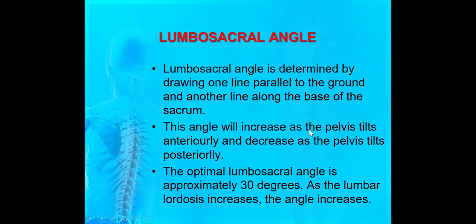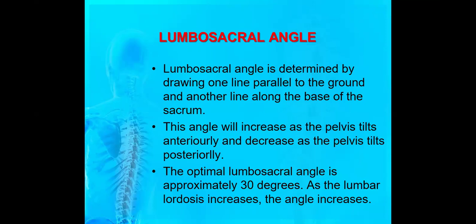This angle will increase as the pelvis tilts anteriorly and decrease as the pelvis tilts posteriorly. So there is a direct, positive relationship between the lumbosacral angle and the anterior pelvic tilt, while there is an indirect or negative relationship between the posterior pelvic tilt and the lumbosacral angle.